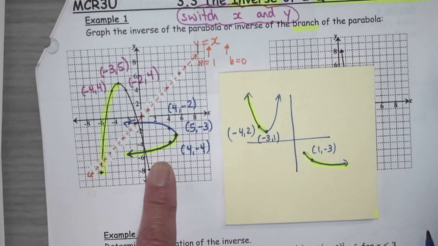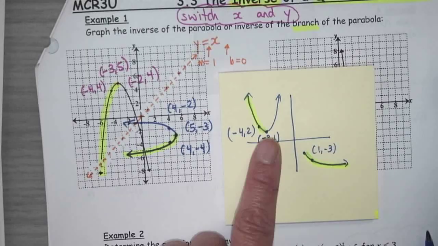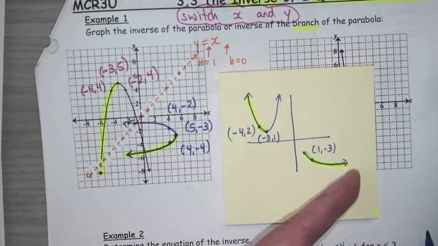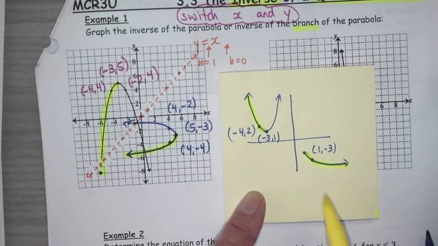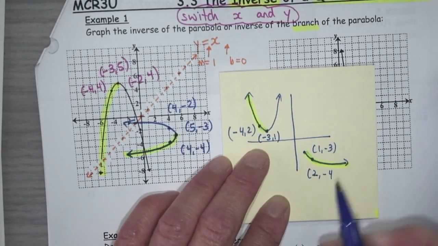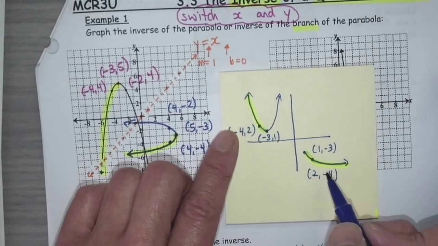Does that make sense? We're going to have to memorize that because we're going to use that property later on. So it doesn't matter if it opens up or opens down, the left side always ends up being under. Because look, it goes negative 4, which makes it negative, under. So my point becomes 2, negative 4. So it's underneath. That's why it heads under, because the left would go under.